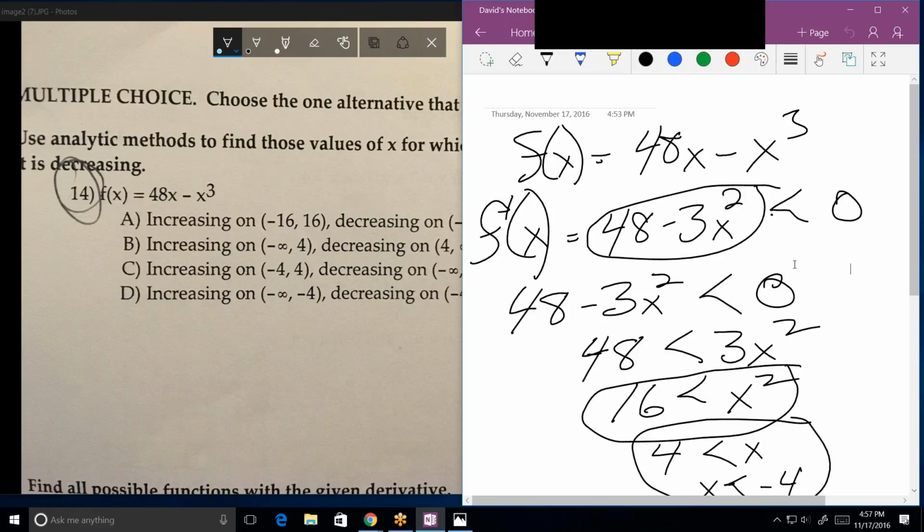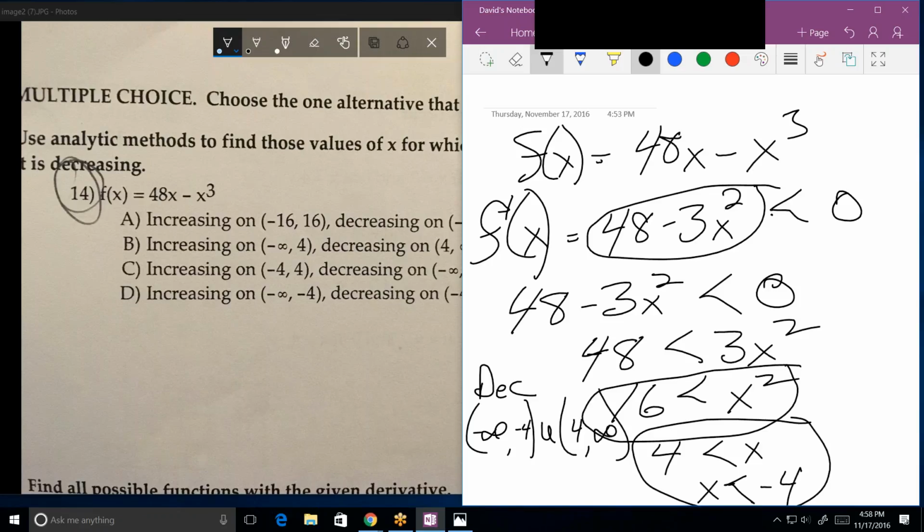In other words, here you have to give this in interval notation. So here's what we have. It's decreasing on this interval, minus infinity to minus 4 in combination with 4 to infinity. And it's increasing everywhere else, which is minus 4 to 4.